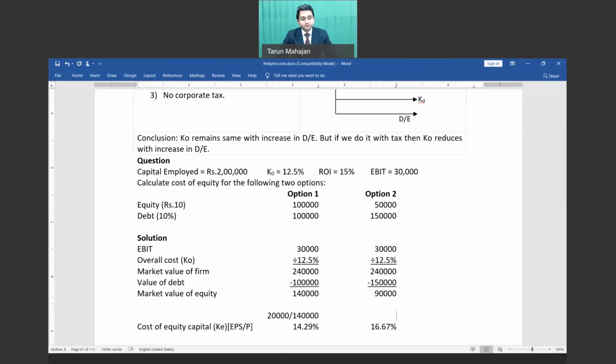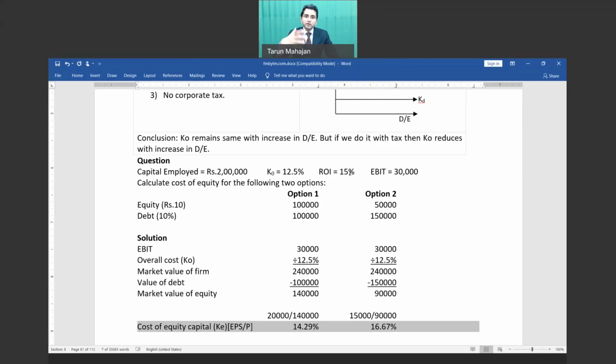And here, 30,000 EBIT minus 15,000 interest will give you 15,000 earning available to equity shareholders, divided by 90,000. That is 16.67%. So you can see here that in option 2, which has more amount of debt, the cost of equity is higher.